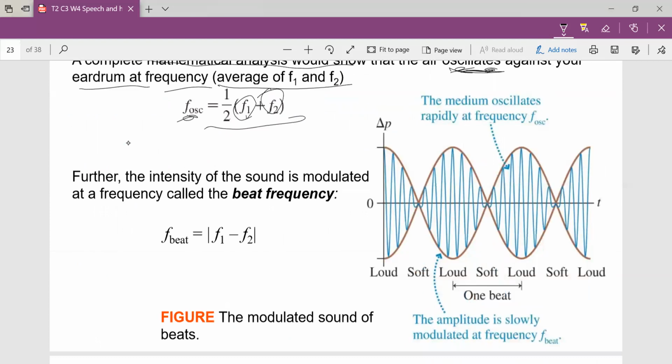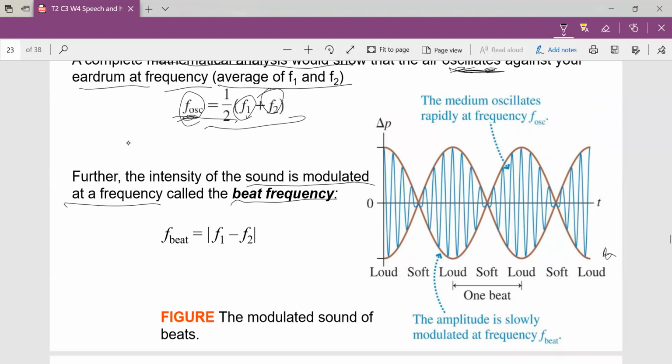So we have seen the oscillation frequency here, which is the average of the two. But when it is in terms of beats, we describe it with what we call the beat frequency. So the intensity of the sound is modulated at a frequency called the beat frequency. And how is that done?